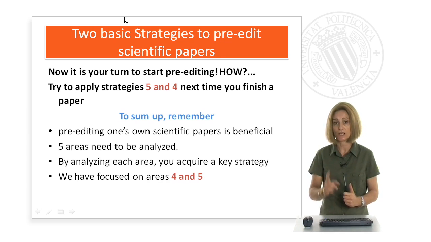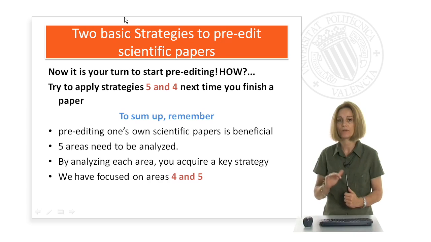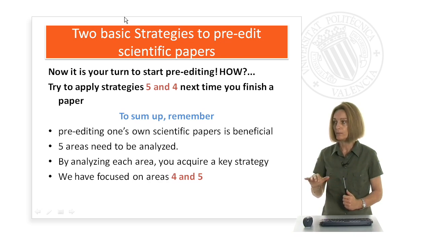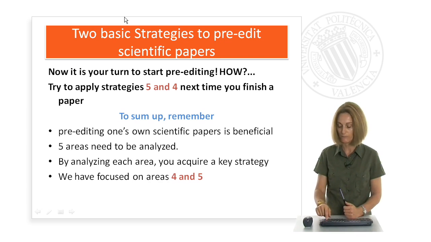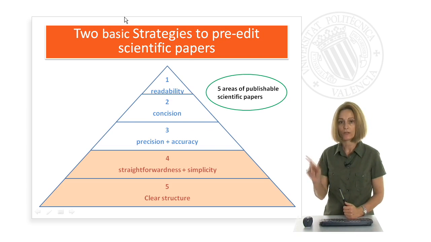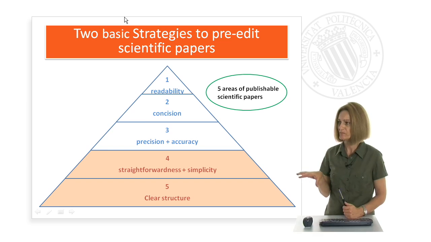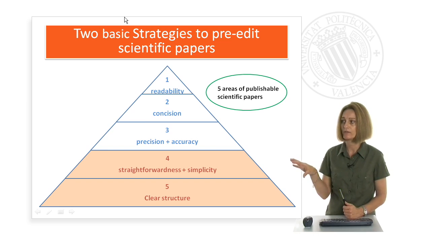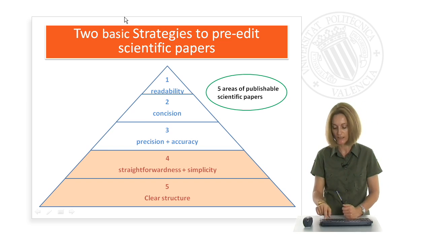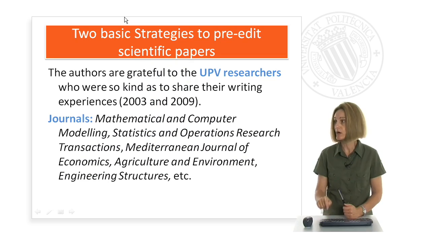By analyzing each area, you acquire a key strategy. In this case, we've looked at strategies 5 and 4, the basic strategies. If you remember the pyramid diagram, clear structure and straightforwardness plus simplicity are the areas we have focused on.